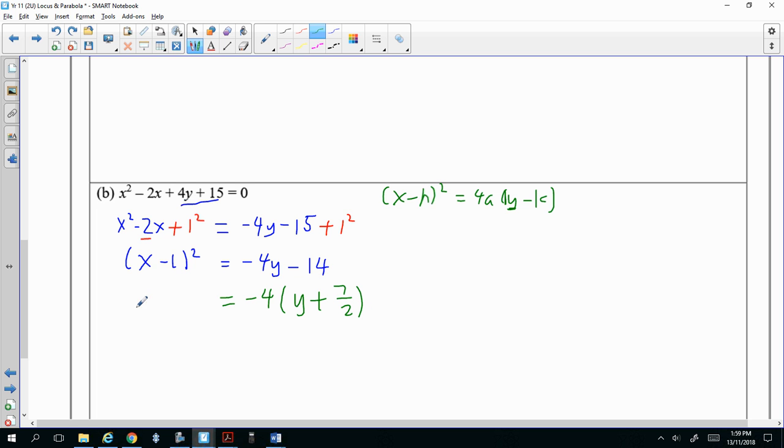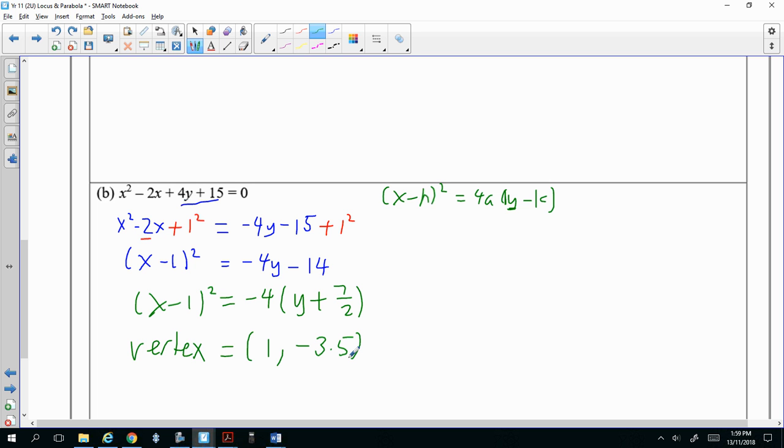Alright, now it's in standard form, you can write down the vertex. What's the vertex? It's going to be 1, negative 7/2. Or put it easily, instead of writing 7/2, let's write 3.5. Okay, that's your vertex.